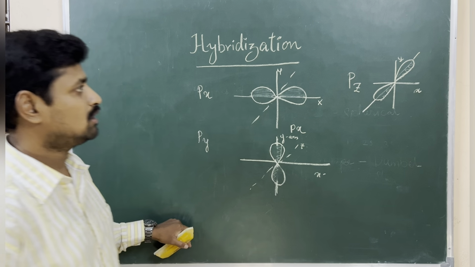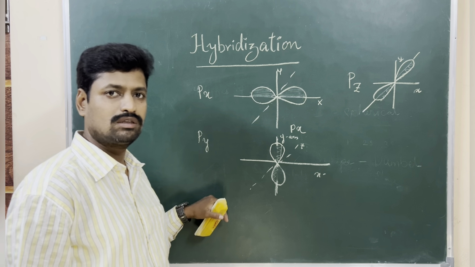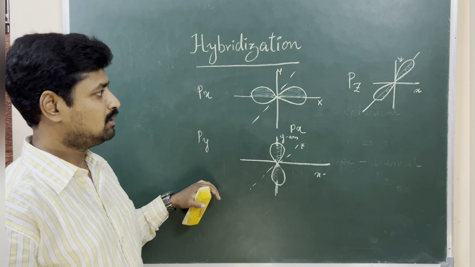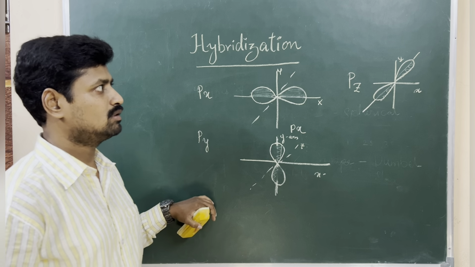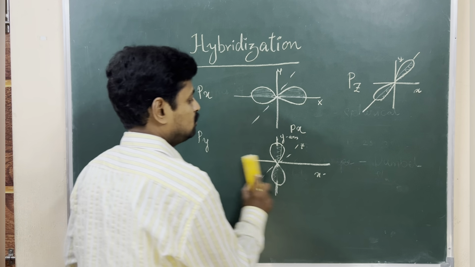So these are the three p suborbitals which actually combine to form bonds. Understood?